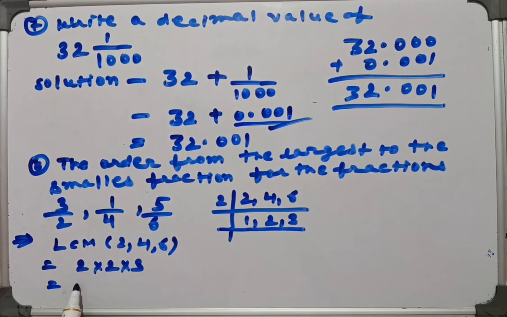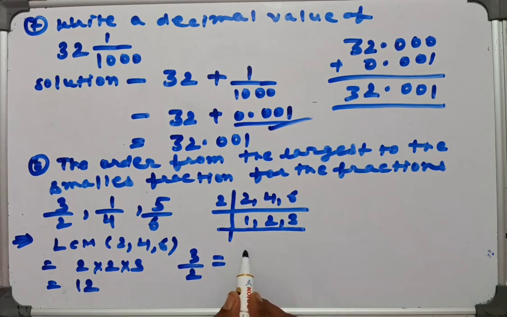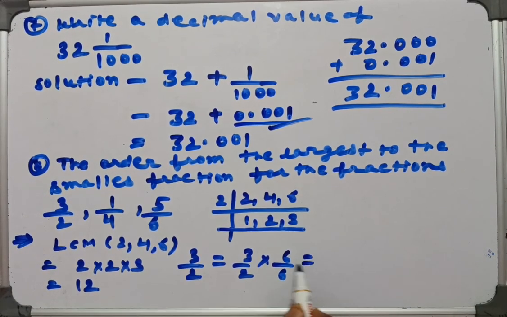So this is equal to 12. Now 3 by 2, in the denominator we shall make 12. So we write 3 by 2, multiply by 6 by 6 equal to 1. This is 18 by 12.